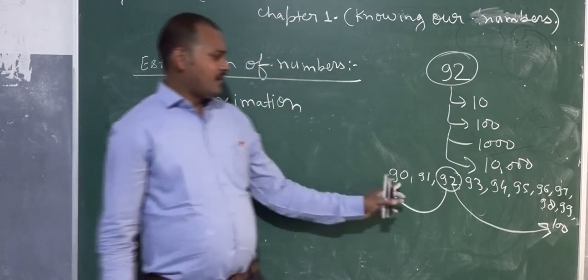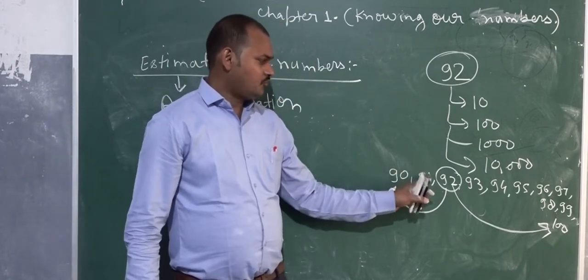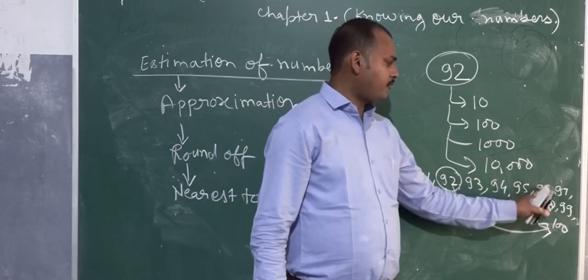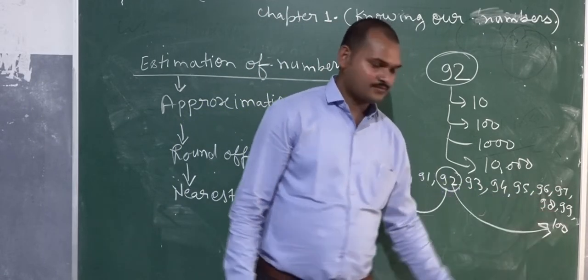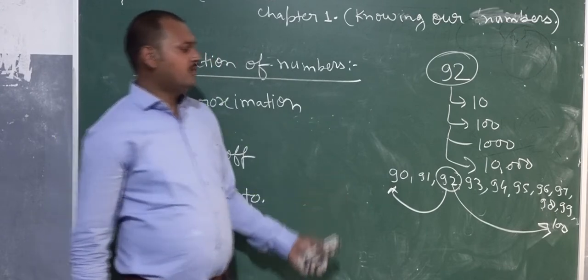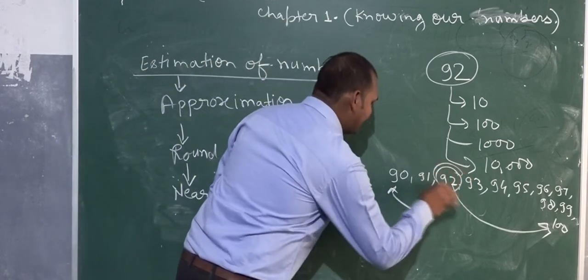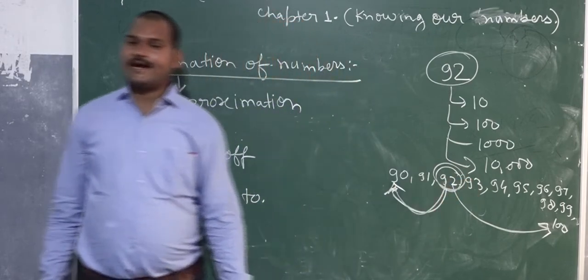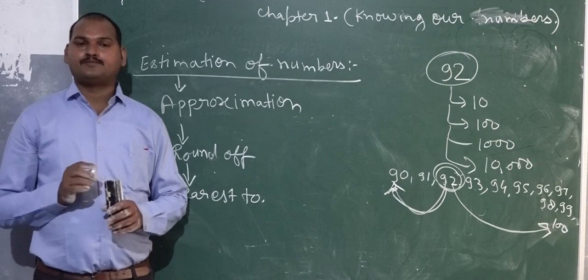See here 1, 2 and here 1, 2, 3, 4, 5, 6, 7 and 8, and then which is the nearest to 92? 92 is nearest to 90 if we ask the nearest 10.